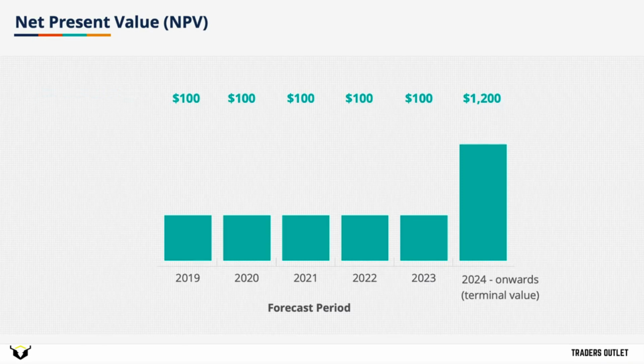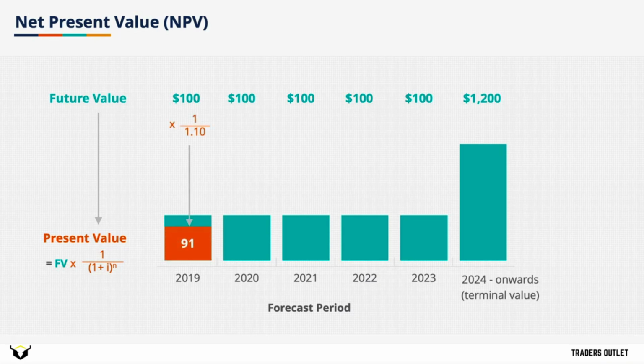Let's use the NPV formula to calculate the present value of each cash flow. We're going to take the future cash flow and divide it by 1 plus the discount rate to the power of the period number we're in. So the first $100 cash flow a year from now is worth $91 today. The $100 cash flow 2 years from now is worth $83 today.